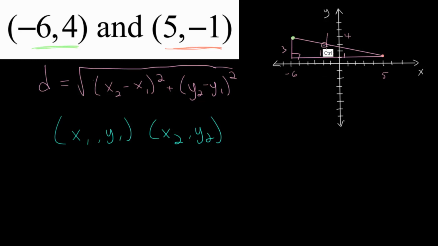And if we call the length of this line here the distance between the 2 points, we can call that d. Let me rewrite that. Then we can use the Pythagorean theorem that the 2 side lengths squared and added together would be equal to this hypotenuse squared. We can say that 3 squared plus 11 squared is equal to that distance squared. And we would find this exact same equation if we labeled these. Let's say this is x1, this is y1, and this is x2, and this is y2.